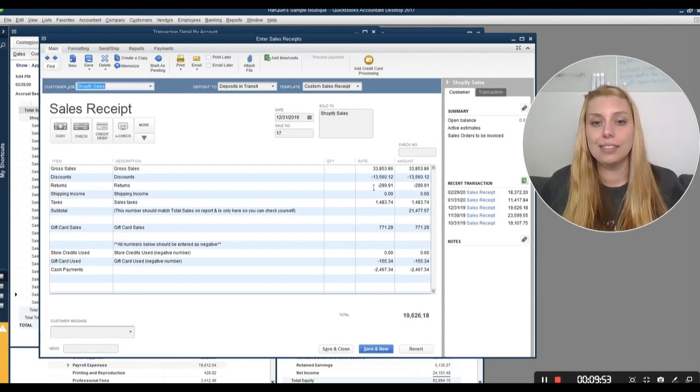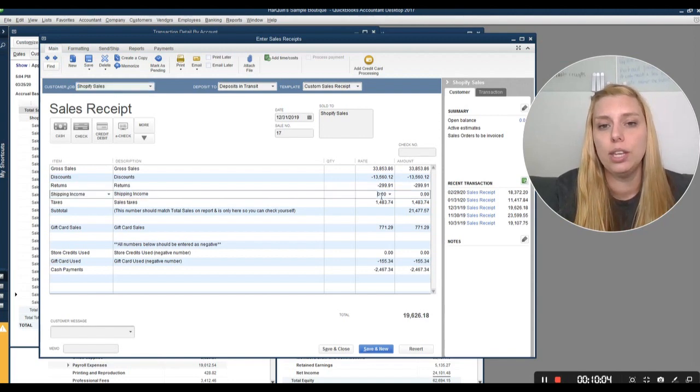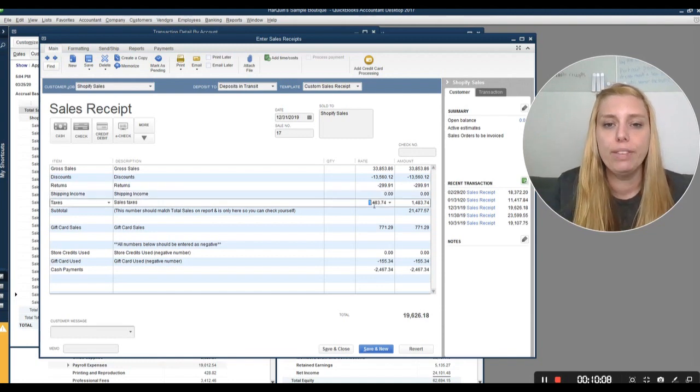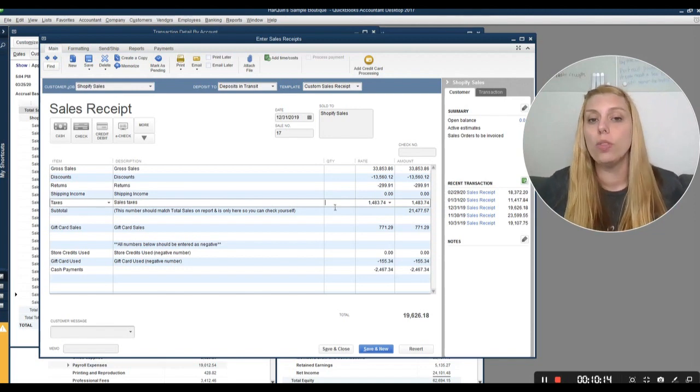The next line, sales tax collected, will go into your sales tax liability account. So far, these first 3 lines are posting to the Shopify sales account. This line is posting to the shipping income line. This line is posting to the sales tax liability. A common mistake is some people will count the sales tax they collect from the state or from their customers as income and then actually pay income tax on that number.